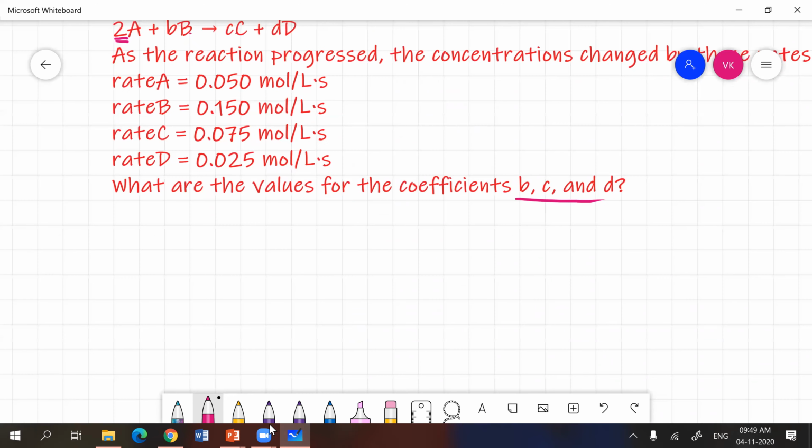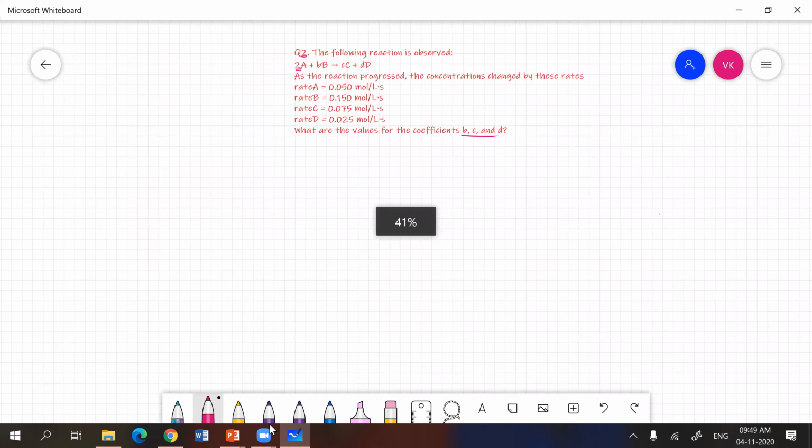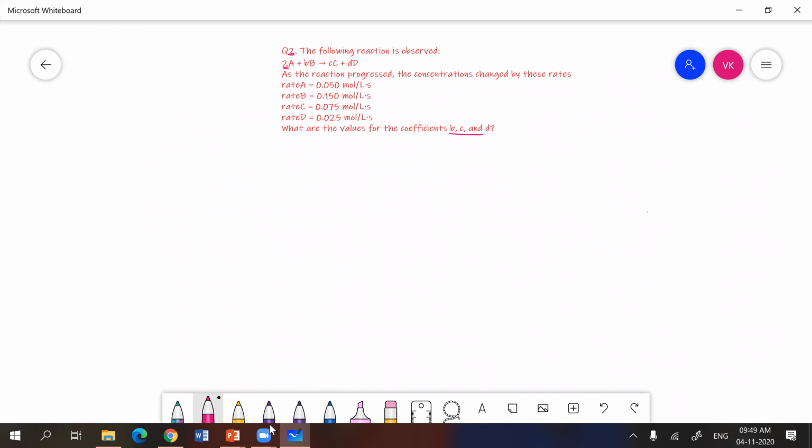You see this one, what they are asking in the question. They gave a reaction, and they gave you individual rates. So rate of A, you can say this is minus, because it is on the reactant side, and this value is also a minus value.